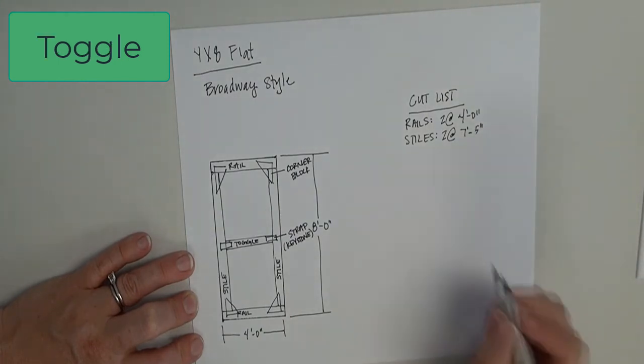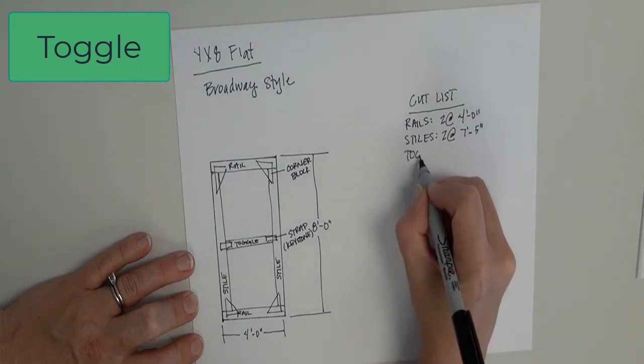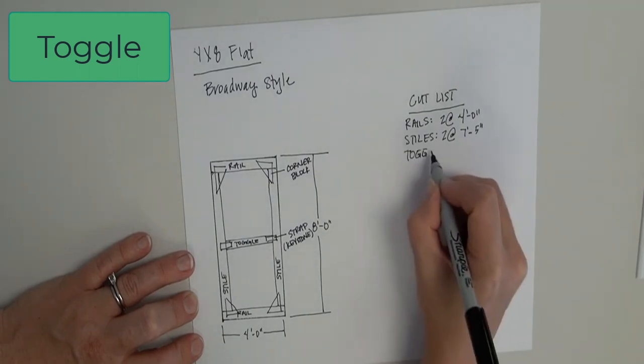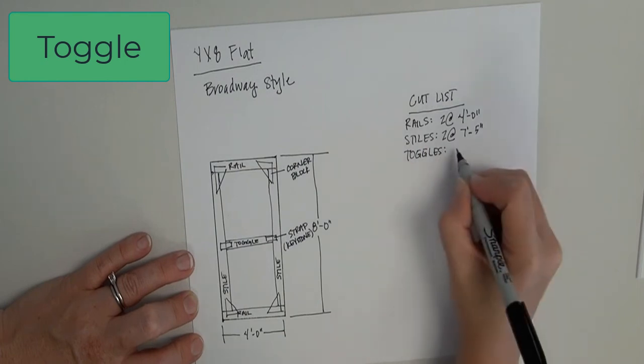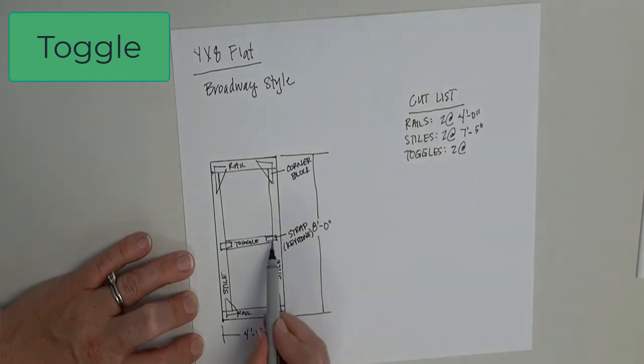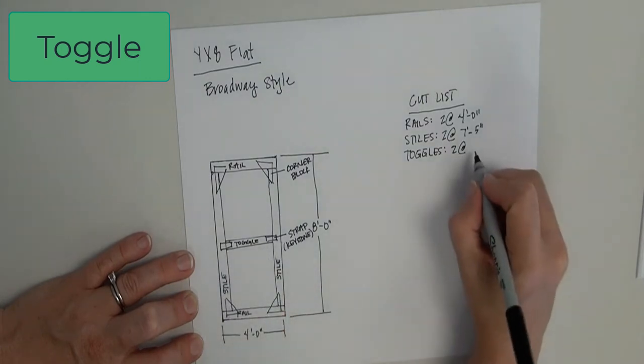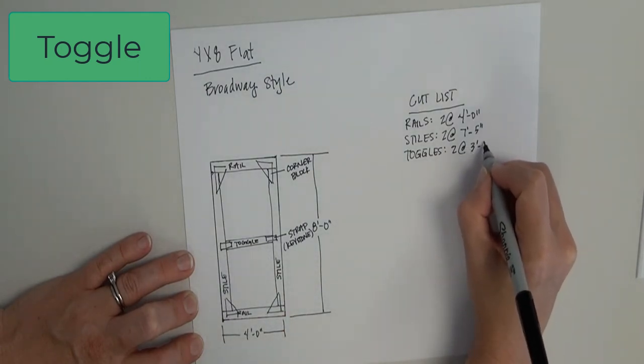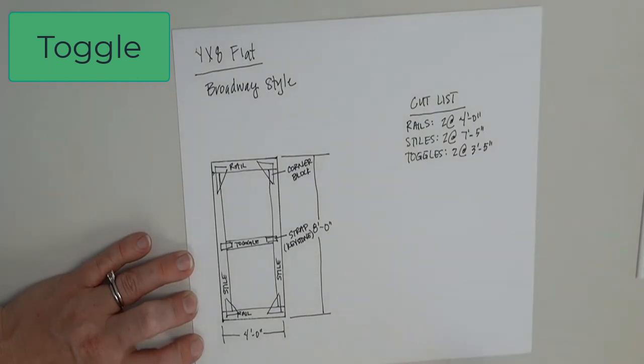The next thing we want to do is cut our toggle. We only need 1 toggle. Even though I wrote 2, we need 1. And that length is 3 feet. Again, you're going to minus 3.5 inches on either side for the width of the stiles. So it's 3 feet 5 inches.